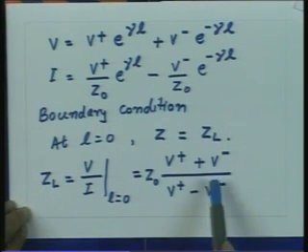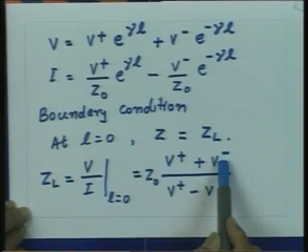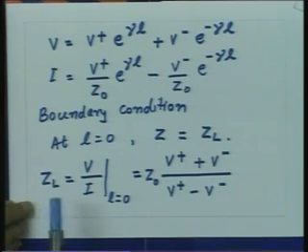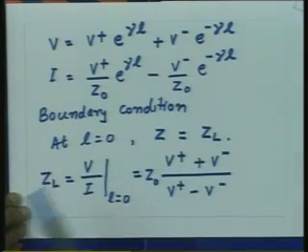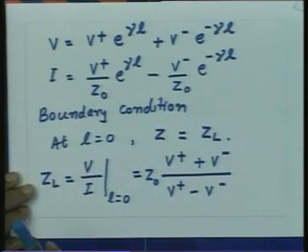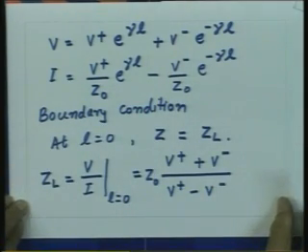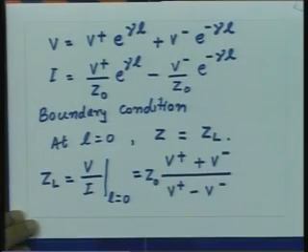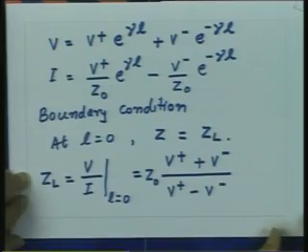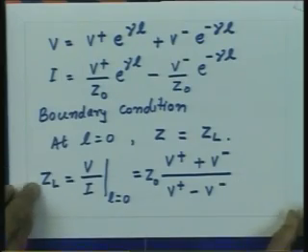Therefore, the ratio of these two quantities, V minus upon V plus, is the meaningful quantity as far as the impedance boundary condition on the transmission line is concerned. So, we now define a new parameter which is a measure of backward and forward wave, which is V minus upon V plus, and that quantity we call the reflection coefficient.